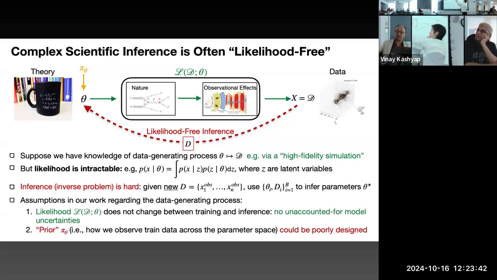I should also say the term I use is likelihood free inference, or LFI for short, meaning inference in this setting. So likelihood free inference does not mean that you don't have the likelihood. It just means that I can't evaluate it. I might have a model, or maybe I don't have a model. I have nature, that's my simulator, but I can't evaluate it. So I can't use MCMC, for example.